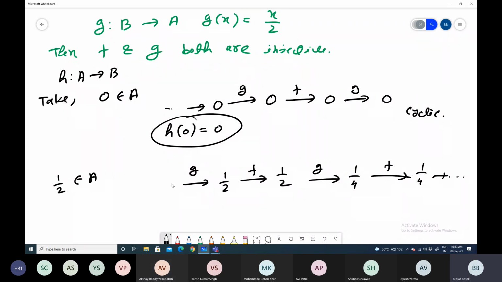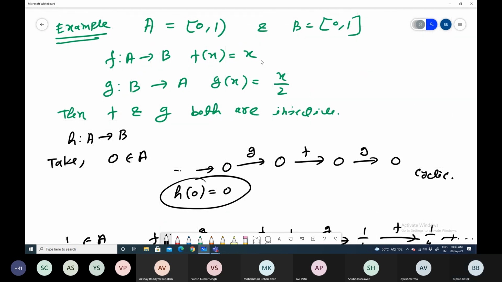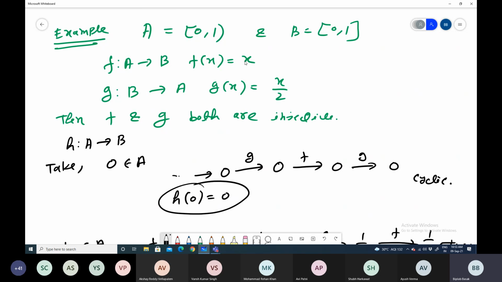This is 1. And what is the inverse image of 1? We don't have any, because F is just this, right?